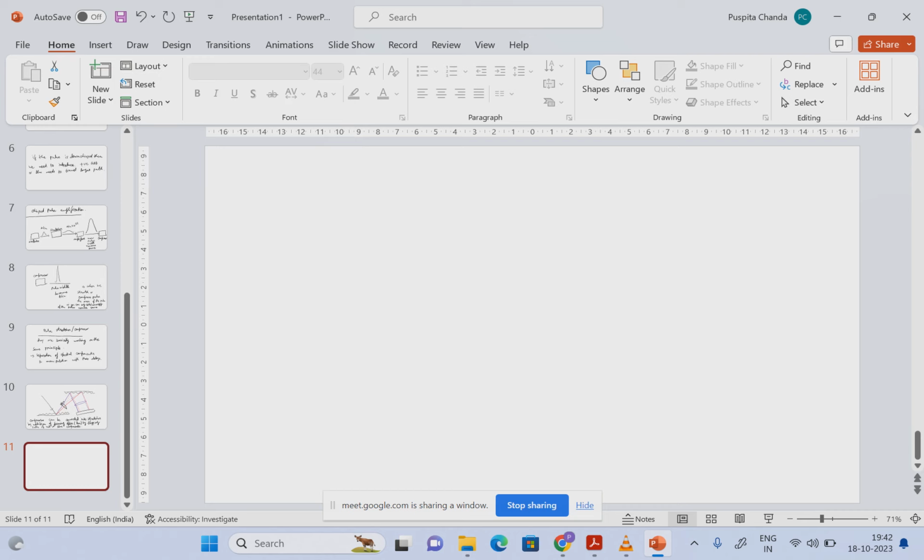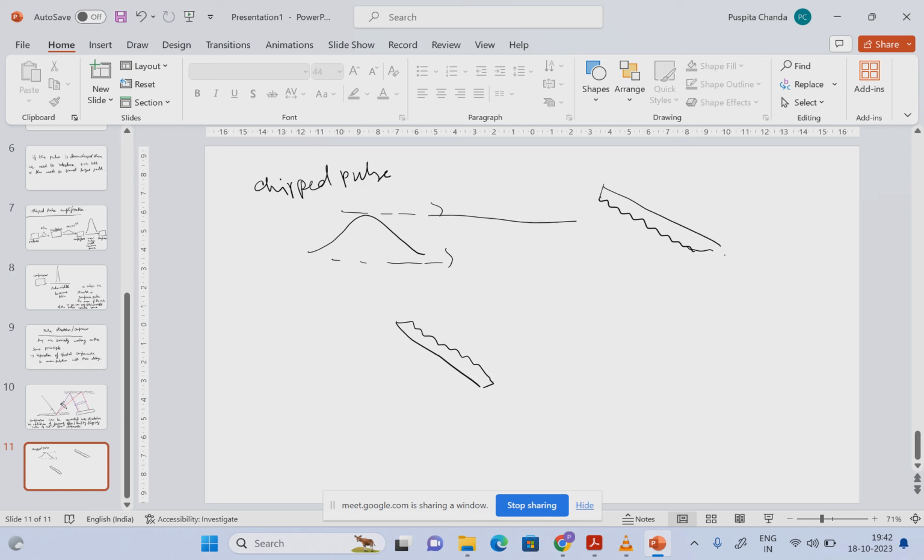So what I have discussed, I'm going to repeat again. Suppose this is a chirped pulse. If you put a pair of gratings here and another here, these are all straight lines.